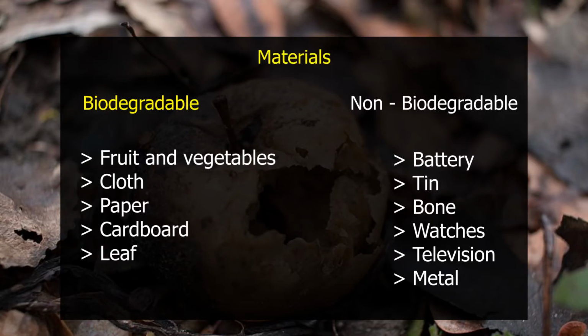All right, so here we have materials. On this one side, we have biodegradable materials. So we have fruits and vegetables, we have cloth, we have paper, we have cardboard, we have leaves. These are biodegradable.